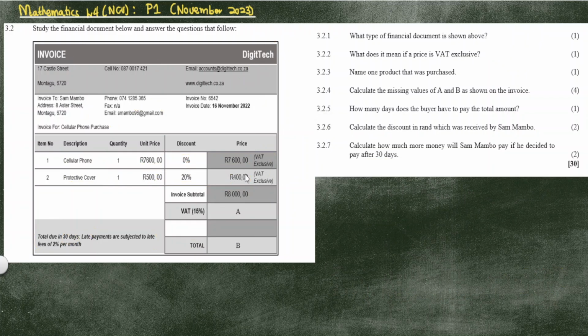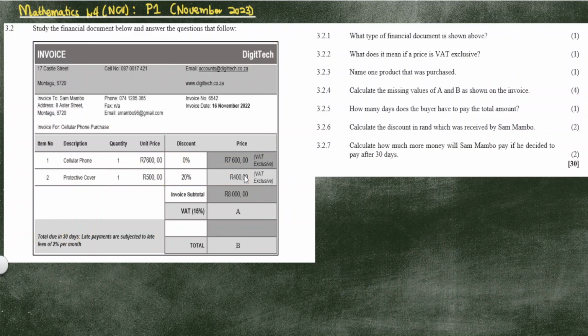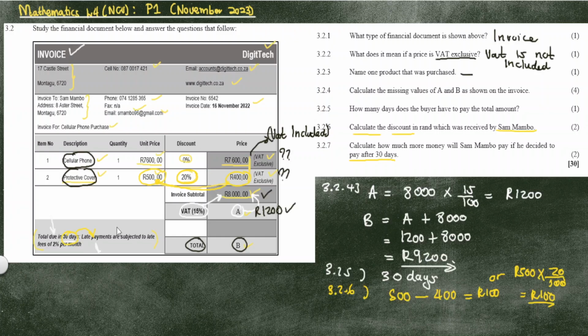Okay, you are Sambo. All right, so the total amount that I'm owing is this. I think, yeah, 3.2.7. How much am I owing? I'm owing this much, 9,200. This 9,200, it's the B value.